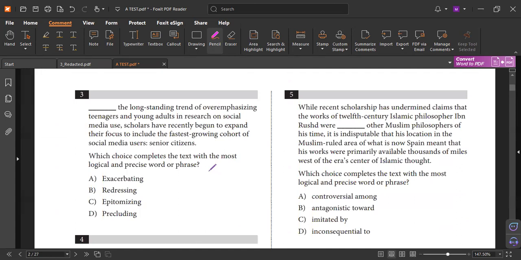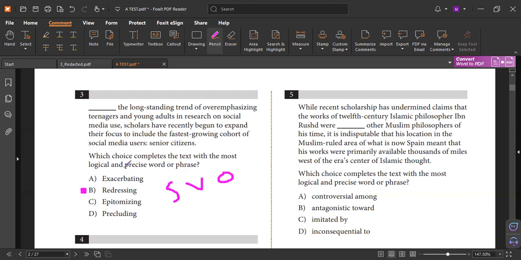Let's try this one together, and let's prove why B is correct. We need to know why. Number one, let me read. All of these are verb plus ing, so it's a present participle phrase. Your job is to find the subject and the object.